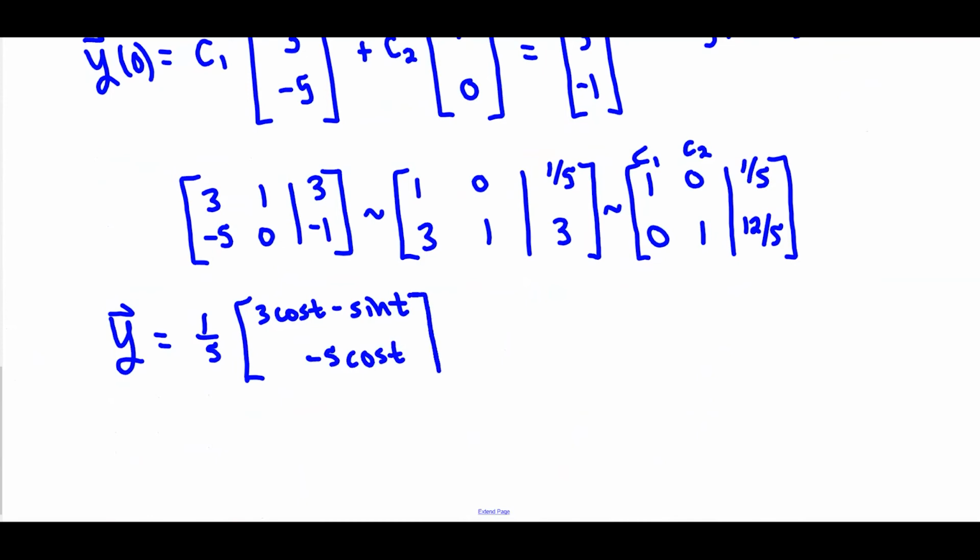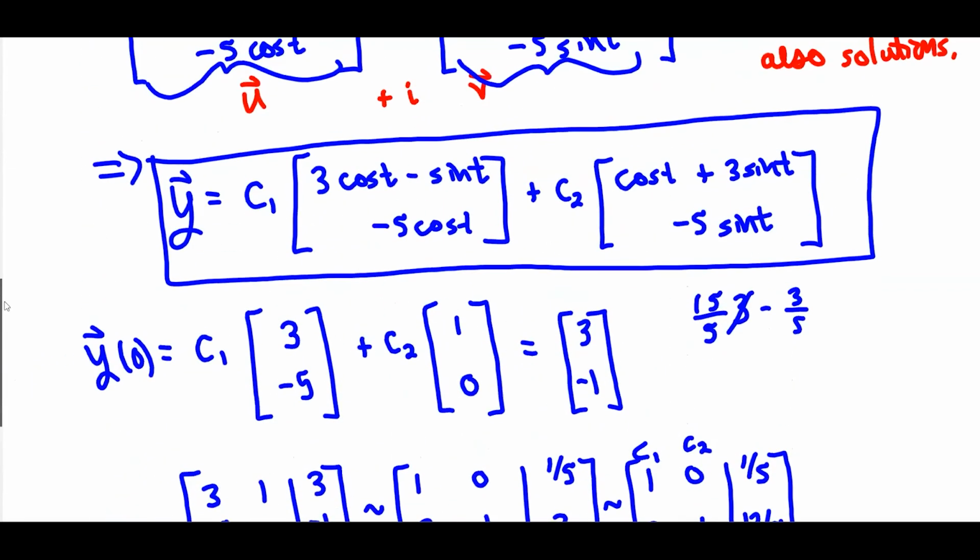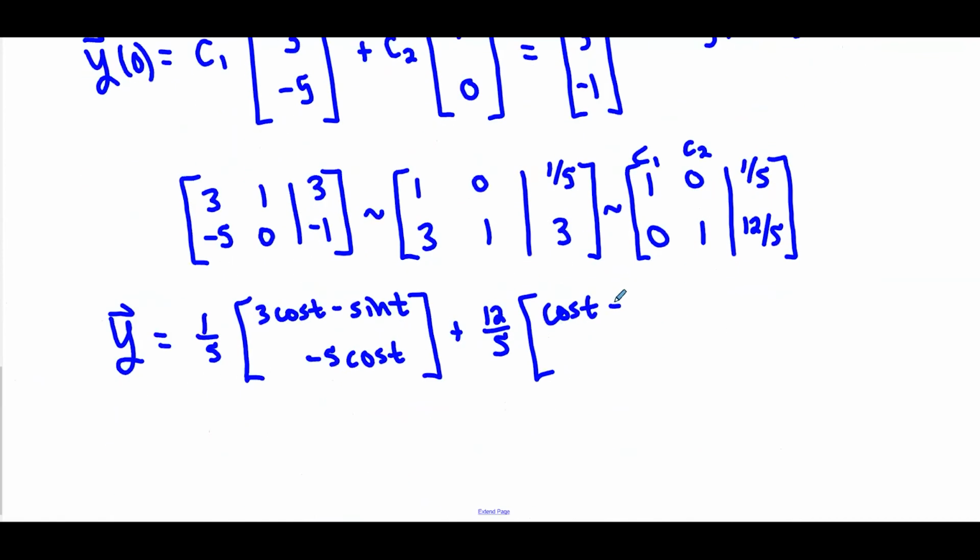I keep saying over like it's fractions. It's the second component. And then plus 12/5 times the second solution, cosine t plus 3 sine t, minus 5 sine t in the second component.